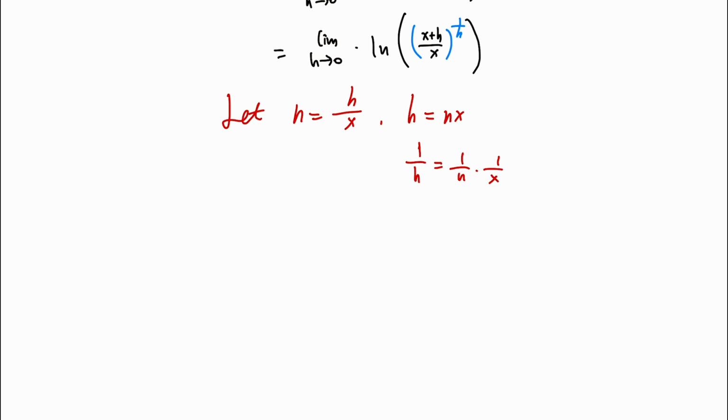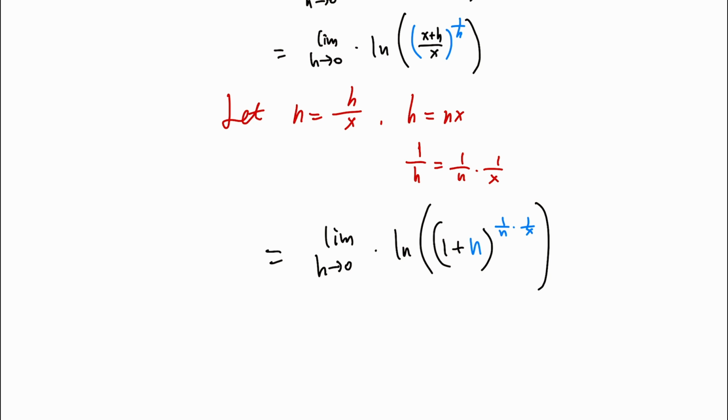This is equal to the limit as h approaches 0 of ln of x plus h. So that's just 1 plus h over x, and we've defined h over x as n. So that is just equal to 1 plus n to the 1 over n times 1 over x power, like that.